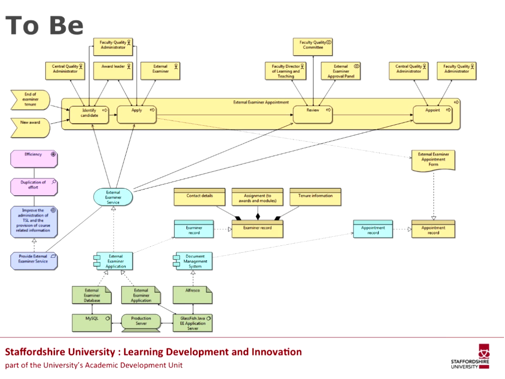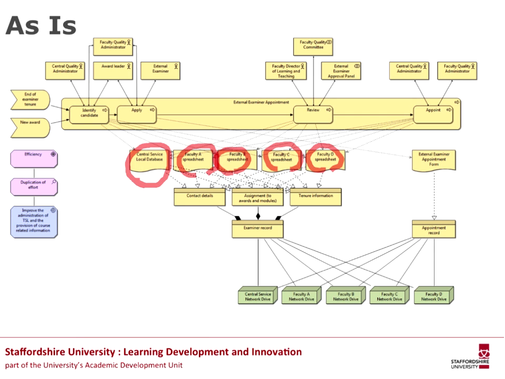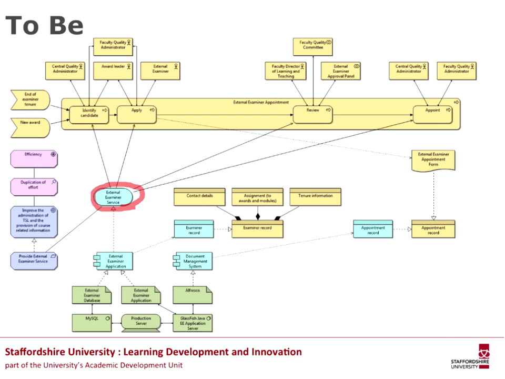All of that information is then held within an external examiner service here. We've then also got rid of all of the separate network drives down the bottom here, and all of that information is then held within a document management system here.